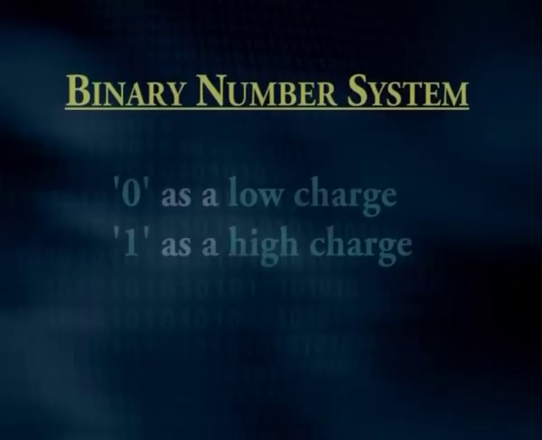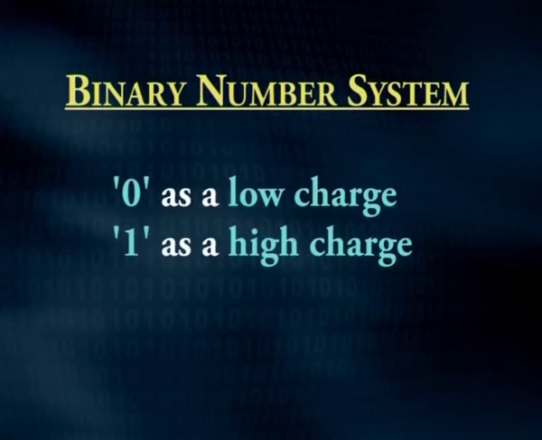It can be used as a model of the computer's circuits with a 0 representing a low charge and 1 as a high charge. By manipulating the circuits of the computer system to behave like a binary number system, the computer is able to perform calculation, the basis of all its operations. Other number systems can be used, but the difficulty of creating more than two states makes them impractical.